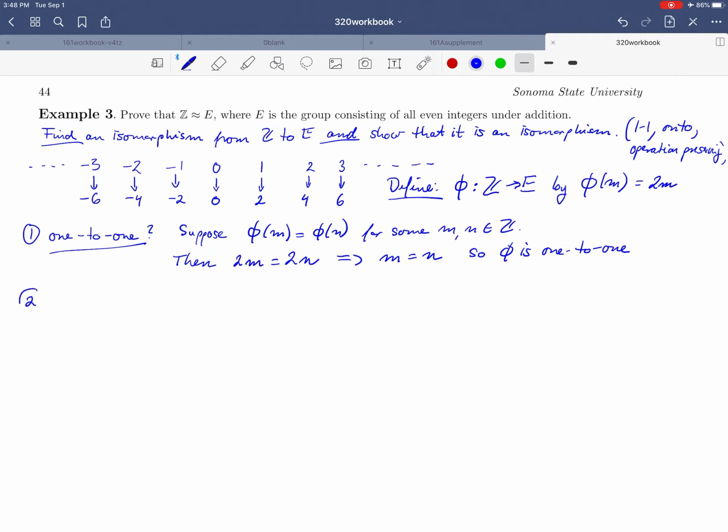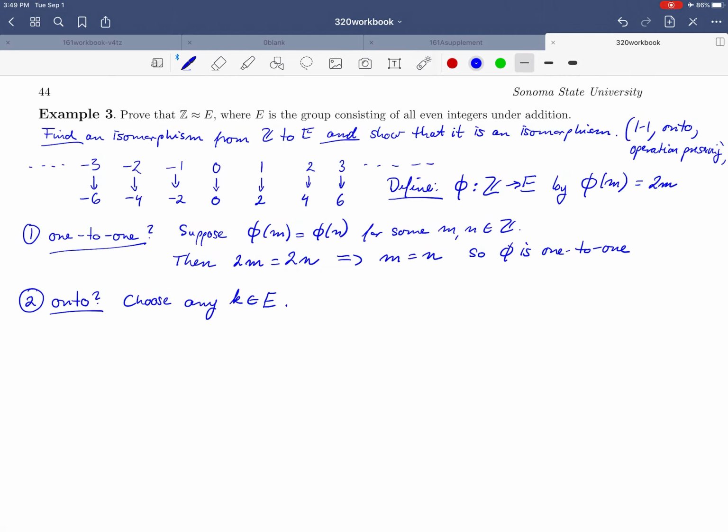What about the onto part? How do you show that a function is onto? Well, you have to pick something in your codomain. So we have to pick something in E. Let's call it K. And then you have to demonstrate that the isomorphism will definitely hit that element that we just chose.